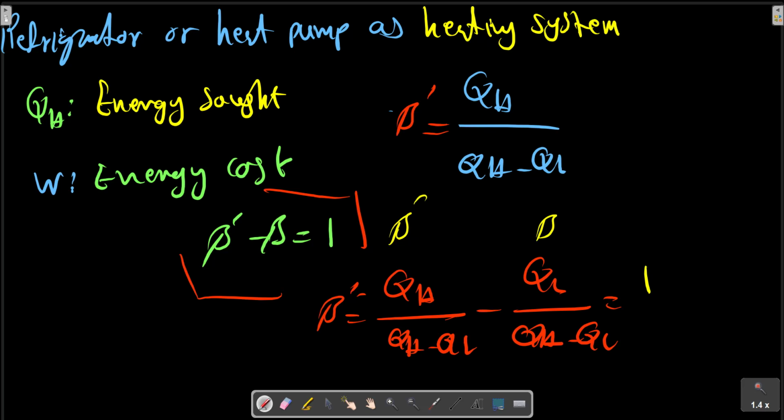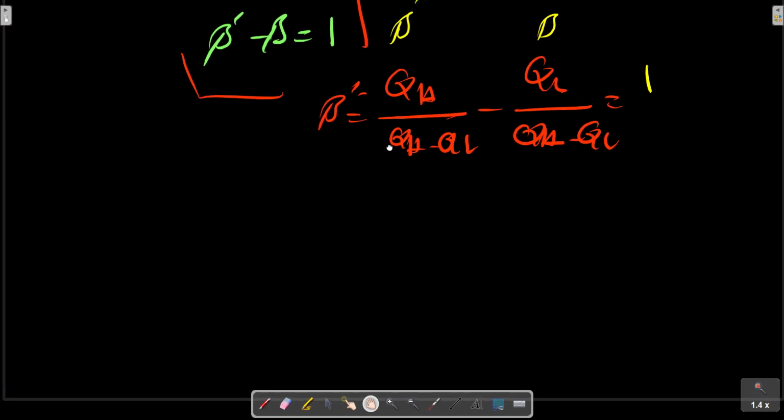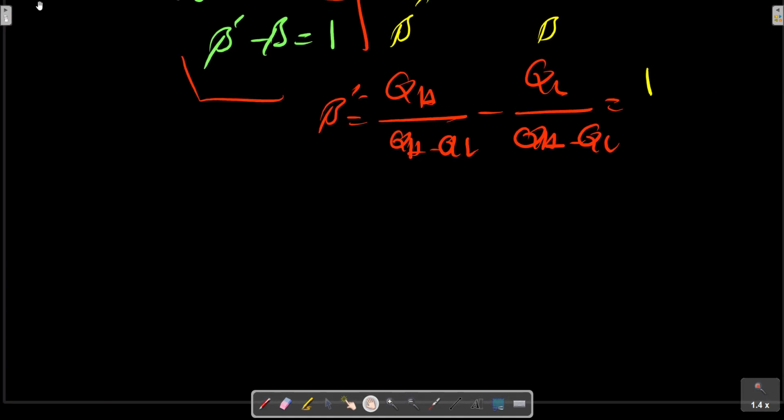Before we state the second law, the concept of a thermal reservoir should be introduced.